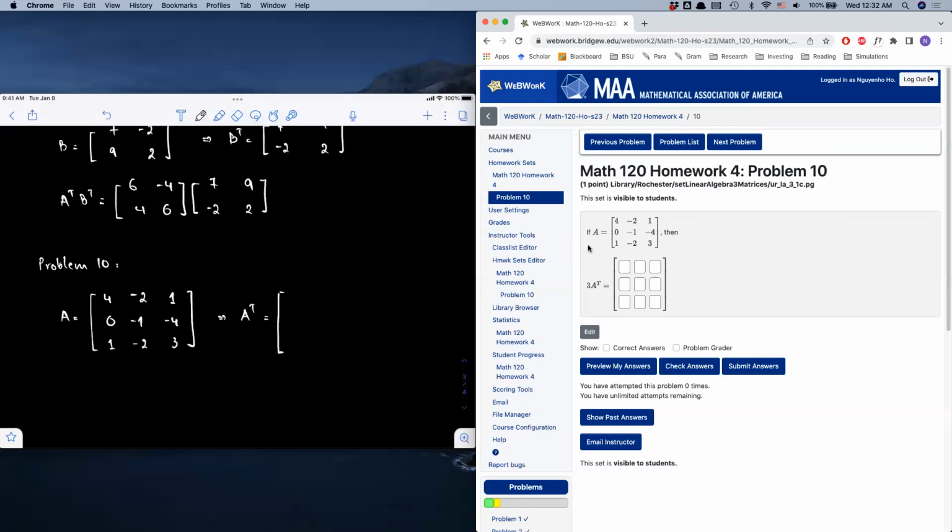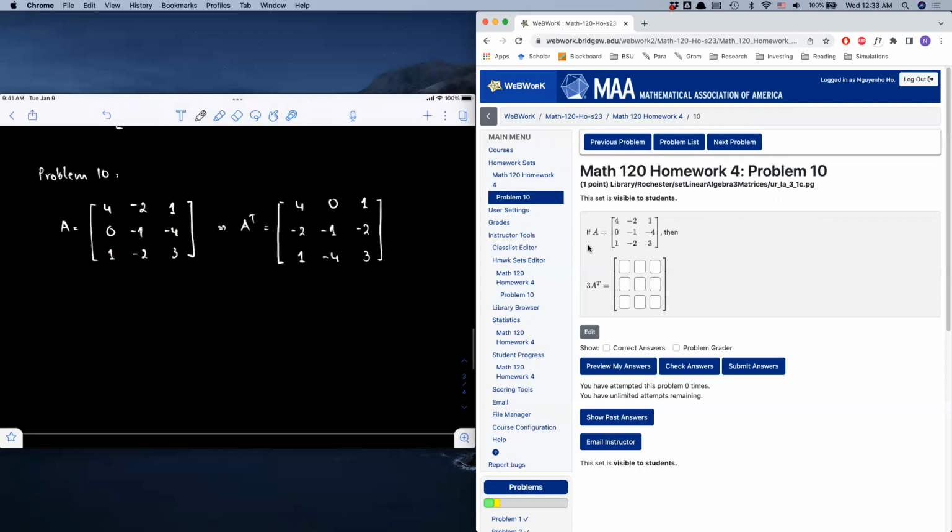So instead of 4, -2, 1 in the row, you have 4, -2, 1 in a column. Now for the next row, 0, -1, -4, it becomes 0, -1, -4 in a column. And the last row becomes the last column in A transpose. That is 1, -2, +3.